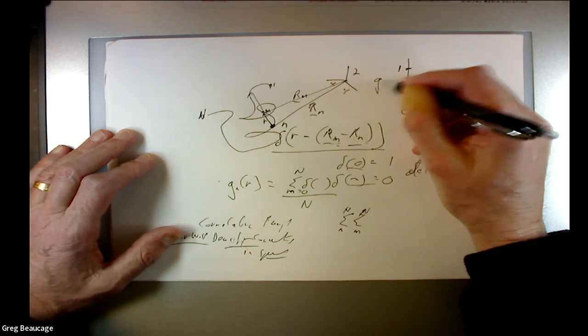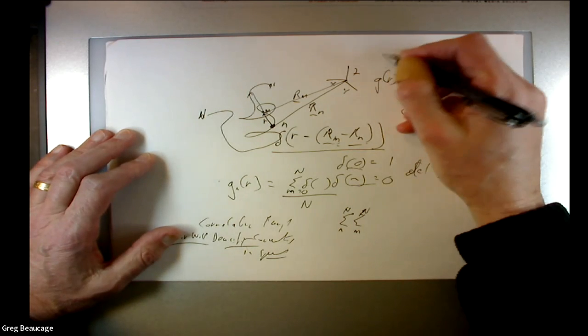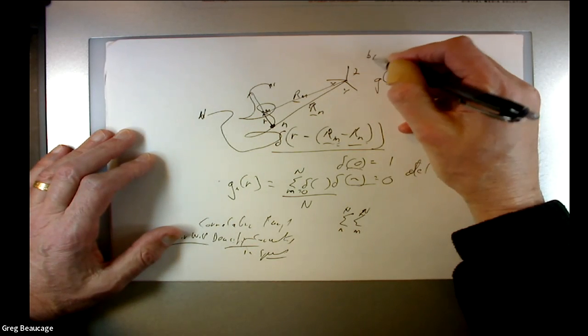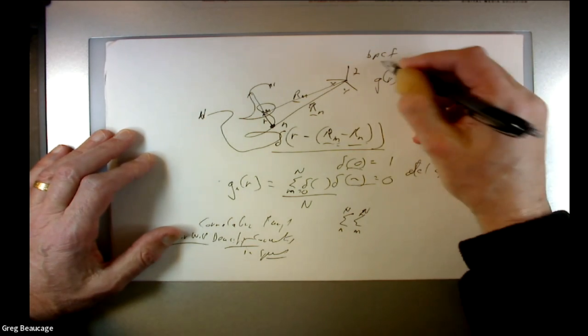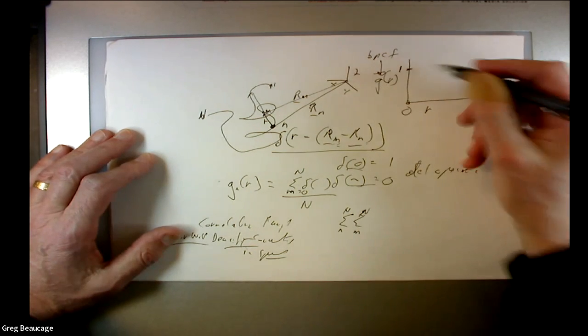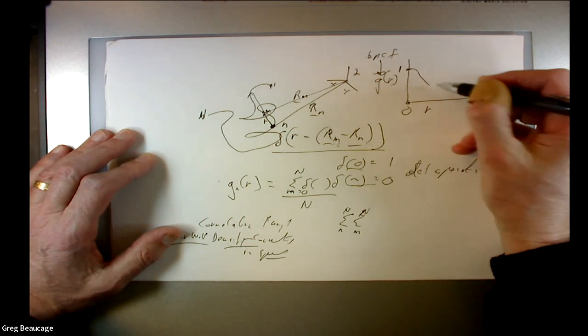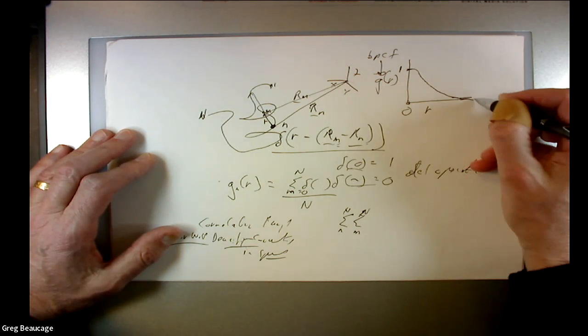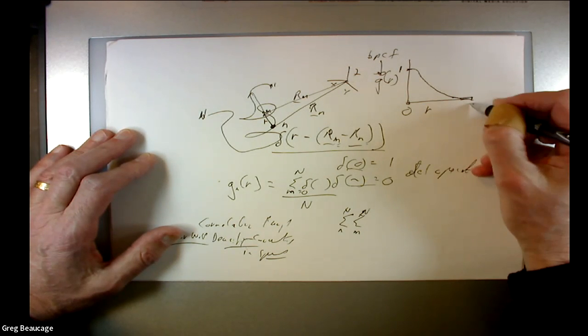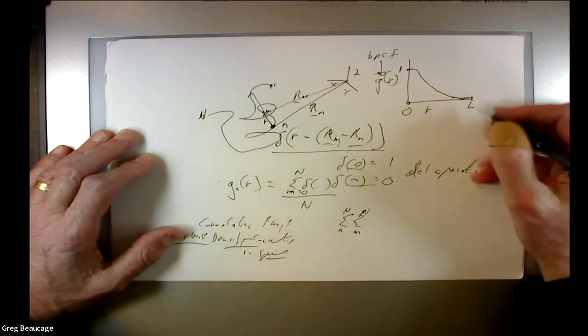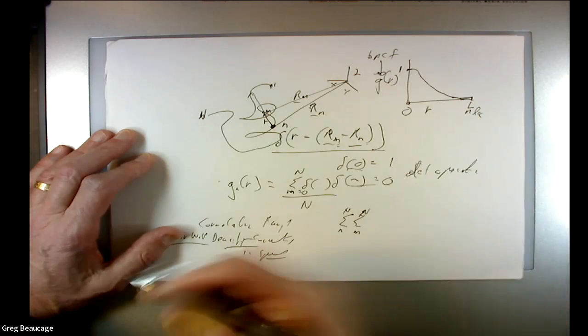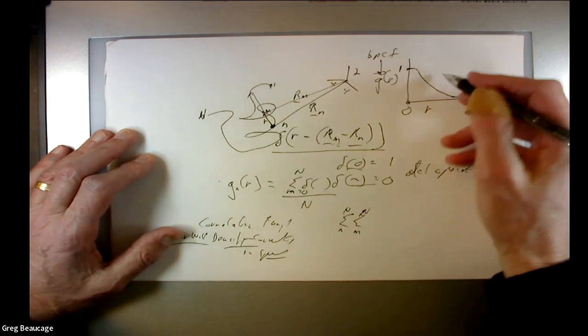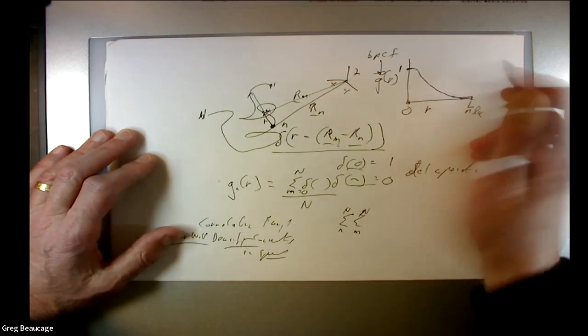This is this G of r correlation, the binary pairwise correlation function. It's going to decay down to 0, and it's going to truncate to 0 when you reach the contour length L, or L_K.